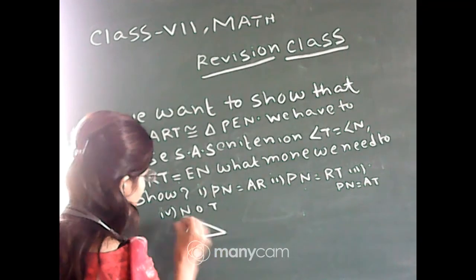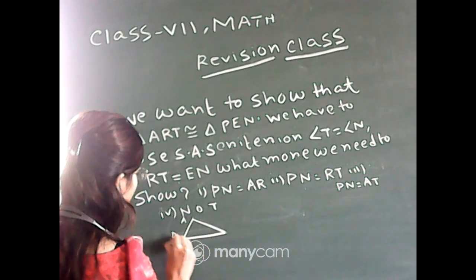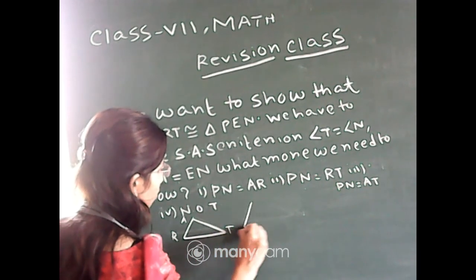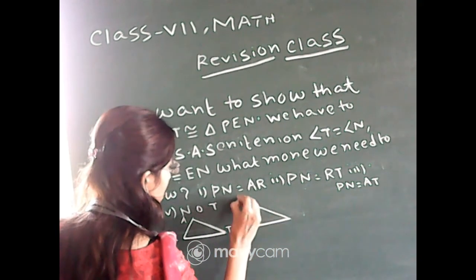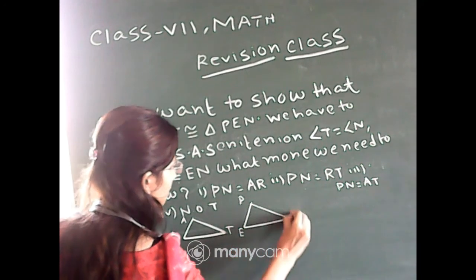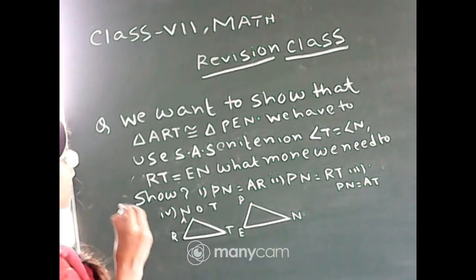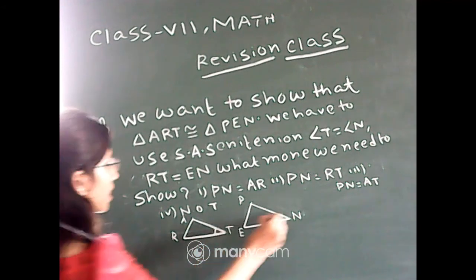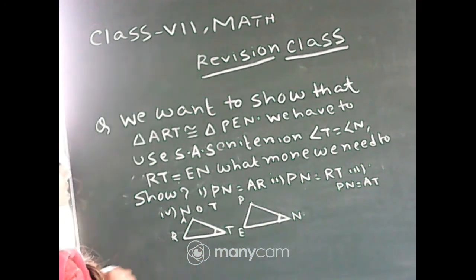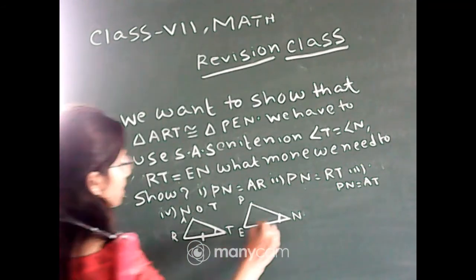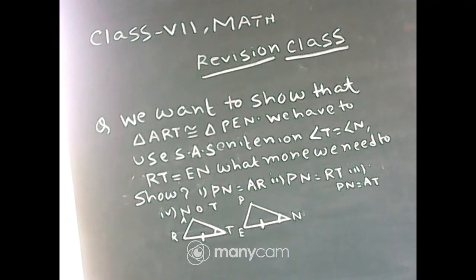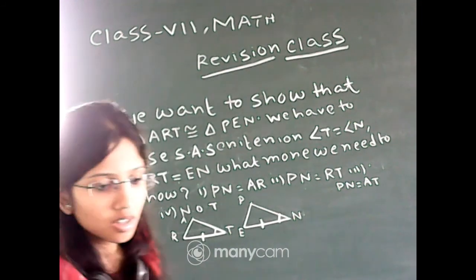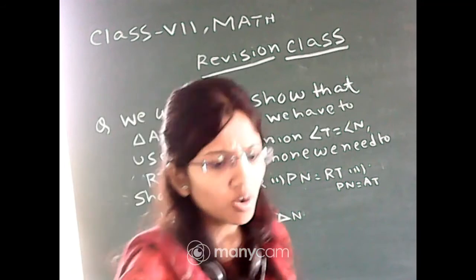This is triangle ART, and these two triangles are congruent. Also, it is given that angle T is equal to angle N and side RT is equal to side EN. Therefore, to use side angle side criterion, what more we need to show?